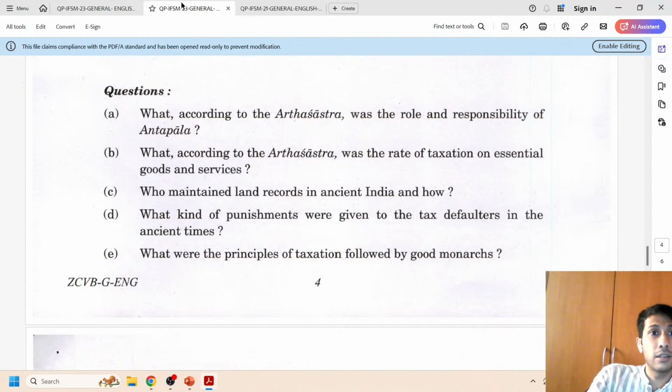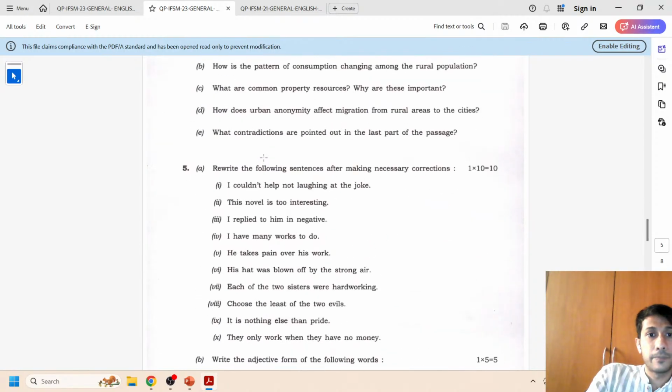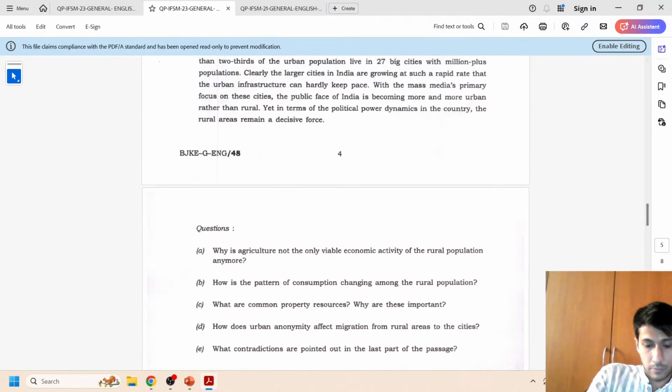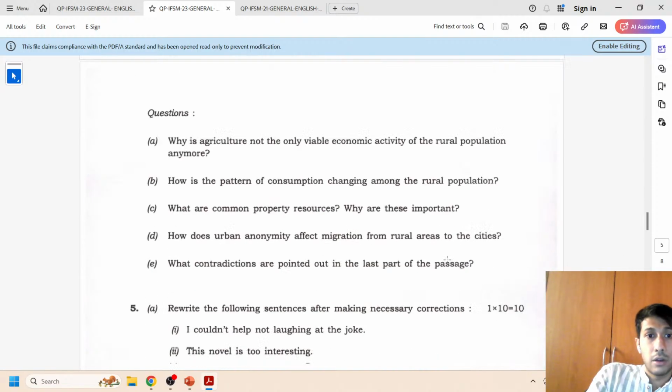If you look at this one here, what are the common property resources? Why are these important? The common property resources are so and so. They are important because the grammar should be correct. What are the contradictions that are pointed out in the last part of the passage?